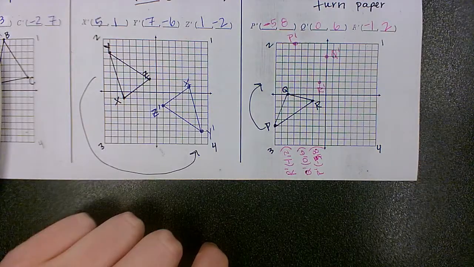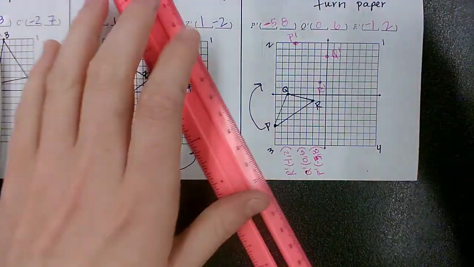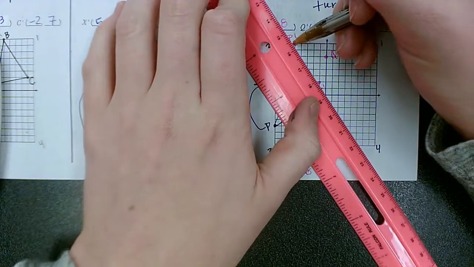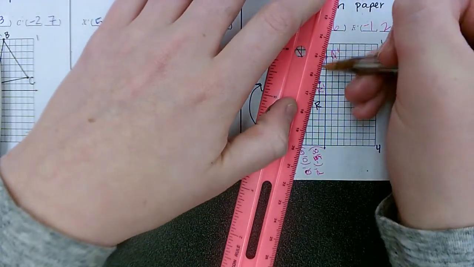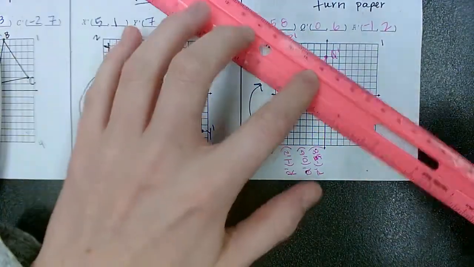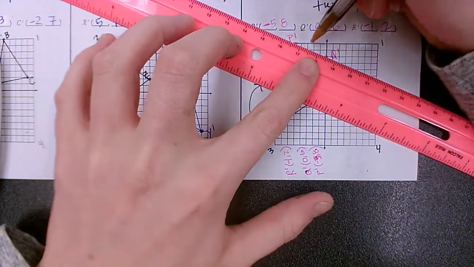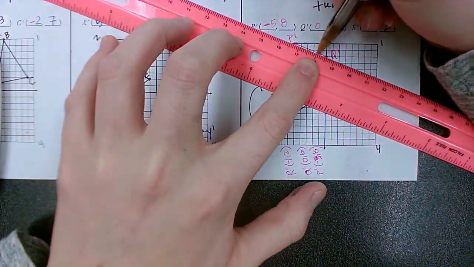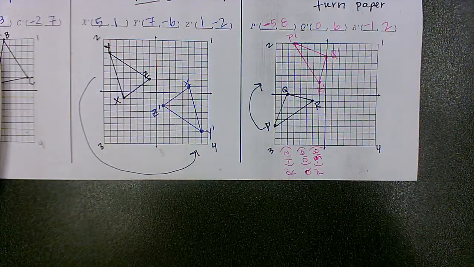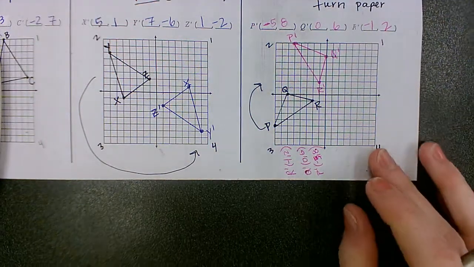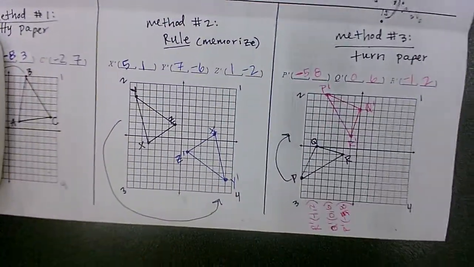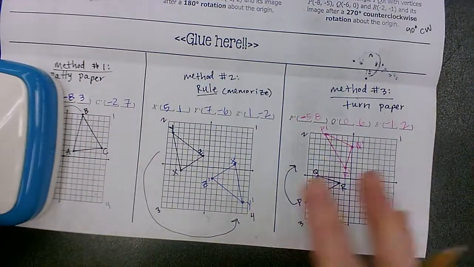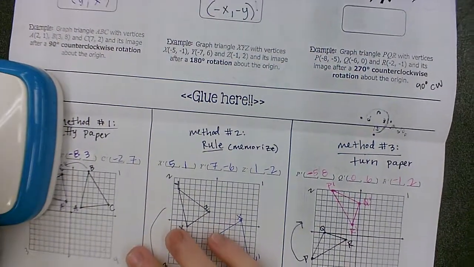So I'll give you a second. Okay, so just as we would normally read a graph, I just plotted my points. So this way kind of just does all the work for you. You're just rotating the actual paper and creating your new axis. Okay, so we can go ahead and zoom out and look and see what our rule would be, for my people who like the rules.